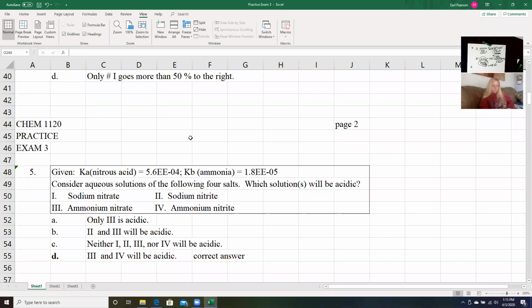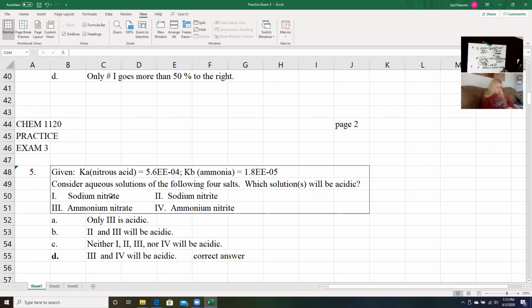Okay, I'm going to go down here and eliminate some that I know. Let's look at this first salt. It's sodium nitrate, NaNO3. Now, how would you make that? You would make that from NaOH plus HNO3.